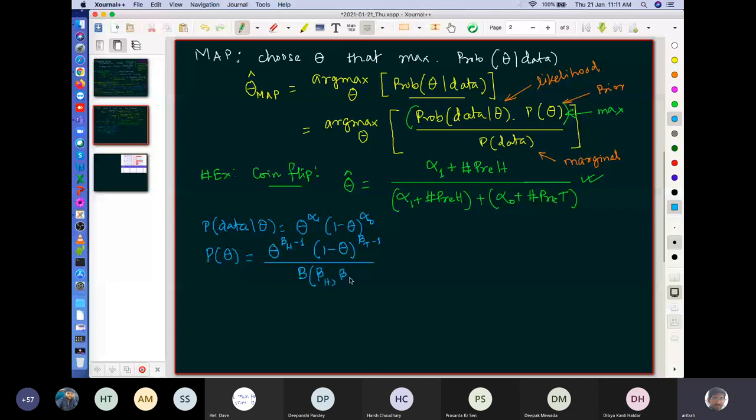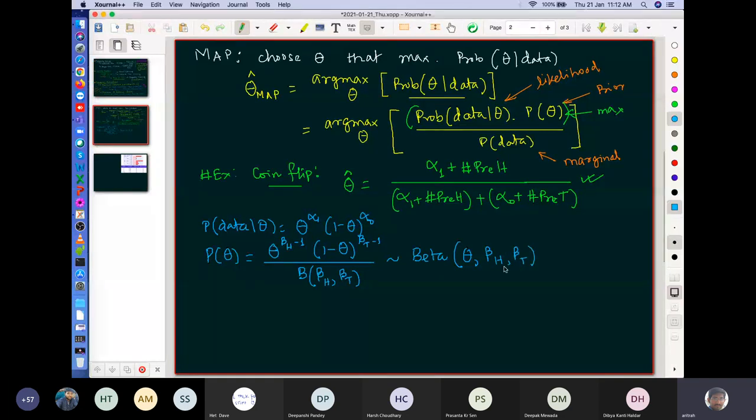So this is, let's say, of the form like this. It's like a binomial distribution, but we call it a beta distribution of theta given this. We write it in short this way.